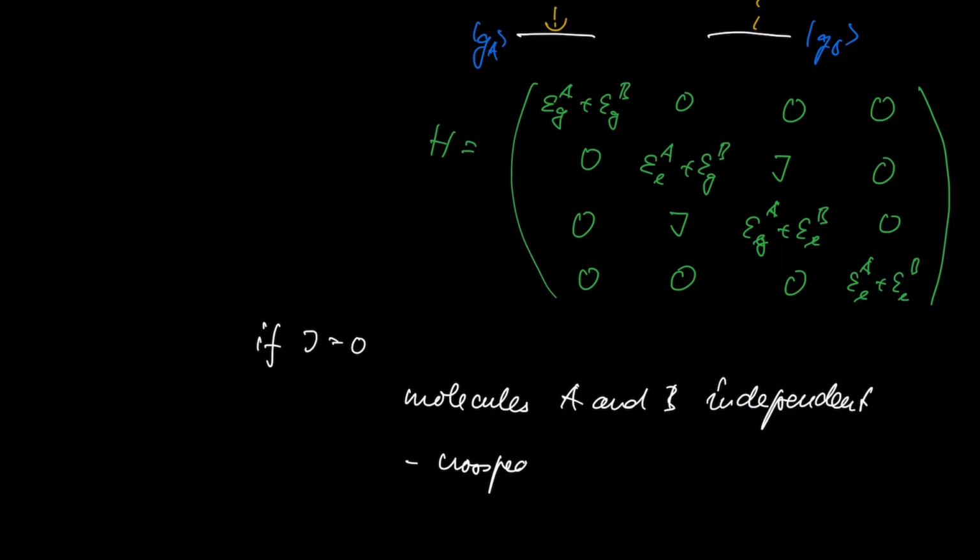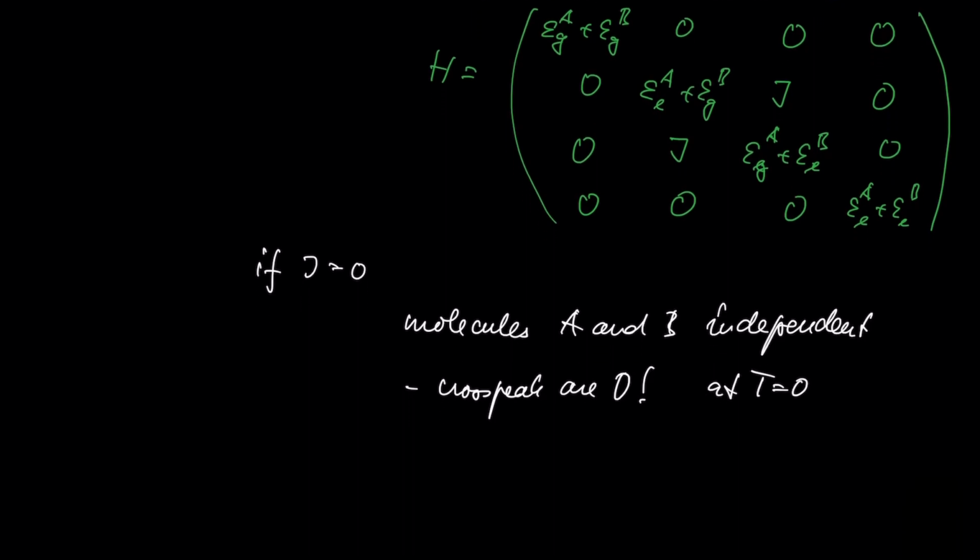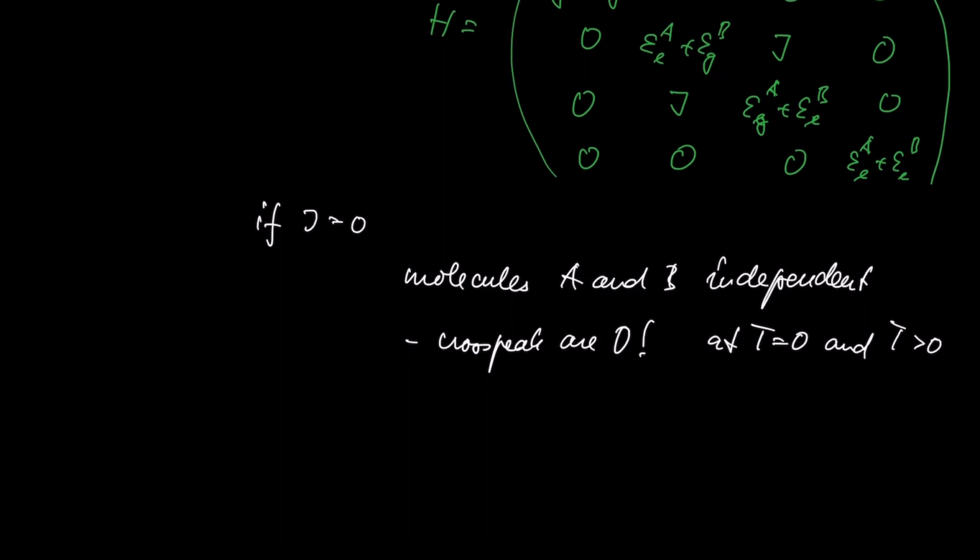So cross peaks are 0 in particular at t equal 0, so at the initial time, but in fact they will be equal to 0 for all times, because exactly these couplings, when they are small, cause the incoherent energy transfer that we have considered before. So it's also at t larger than 0.